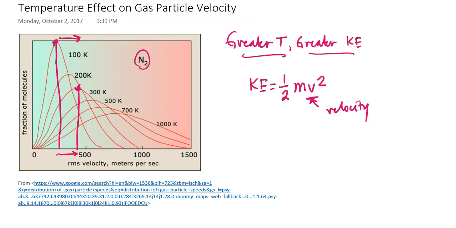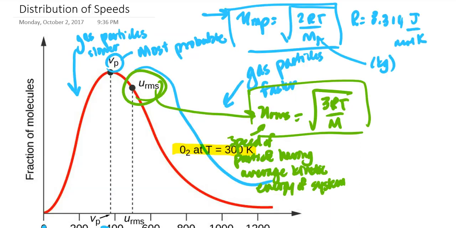Now, as it turns out, there's also a molar mass effect on particle velocity, because if we compare the most probable velocity for nitrogen, we said that was just shy of 500 meters per second. If we take a look at that graph related to oxygen, notice that the most probable velocity for oxygen is actually less than 400 meters per second.